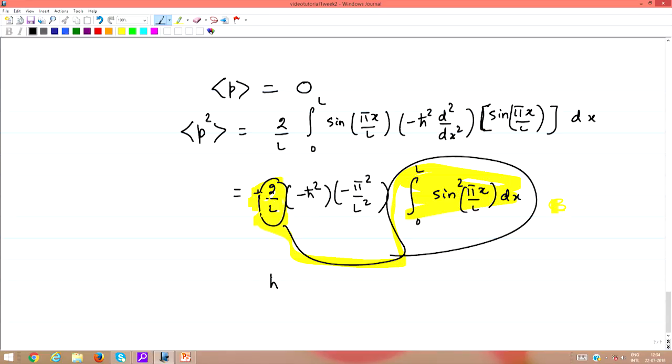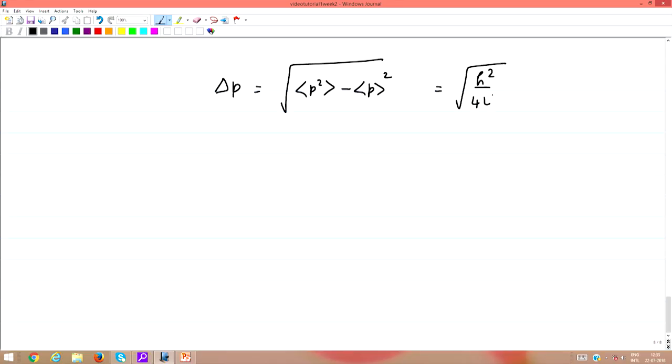Therefore, this gives you h square by 4 pi square, h bar square into pi square by L square, which is h square by 4 L square. Therefore, delta p, which is given as the square root of the average of p square minus the p average square, is the square root of h square by 4 L square.